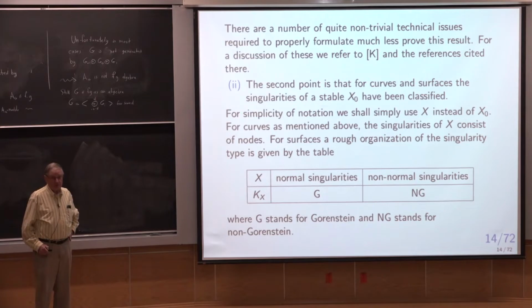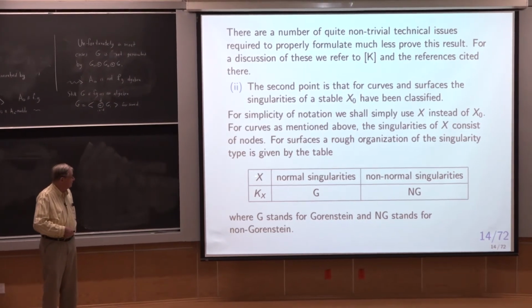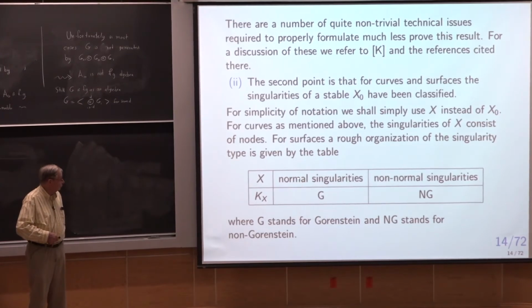Not true in higher dimensions, but for curves and surfaces, they've been classified. For curves, that just means the curve has a node. It's just like those pictures that were drawn. For surfaces, it's convenient, as I said earlier, to organize into normal and non-normal, Gorenstein and non-Gorenstein.